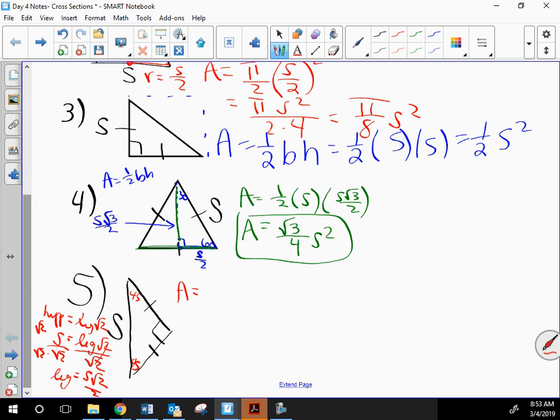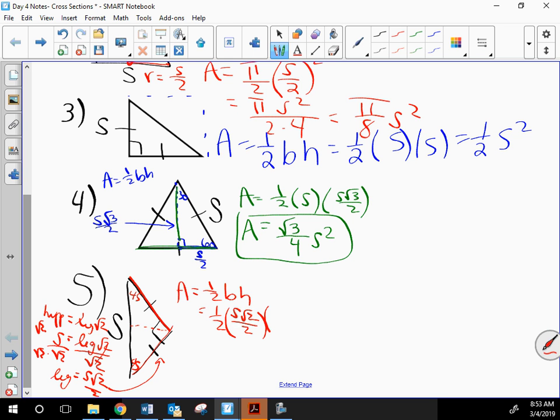So when I go to do my area here, actually, did we need that? Yeah, we need that for our leg. Okay. So 1/2 base times height. Again, we could just use our sides here. You didn't have to go through and do your height again, so height is just perpendicular. My base is s root 2 over 2.